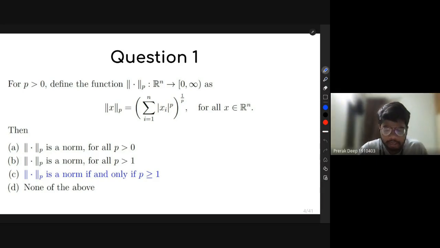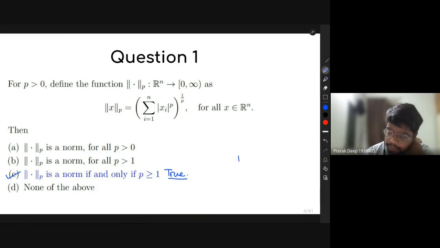So clearly you can see from these options that whether this function defines a norm depends completely on the value of p you choose. Today we will prove that c is true.